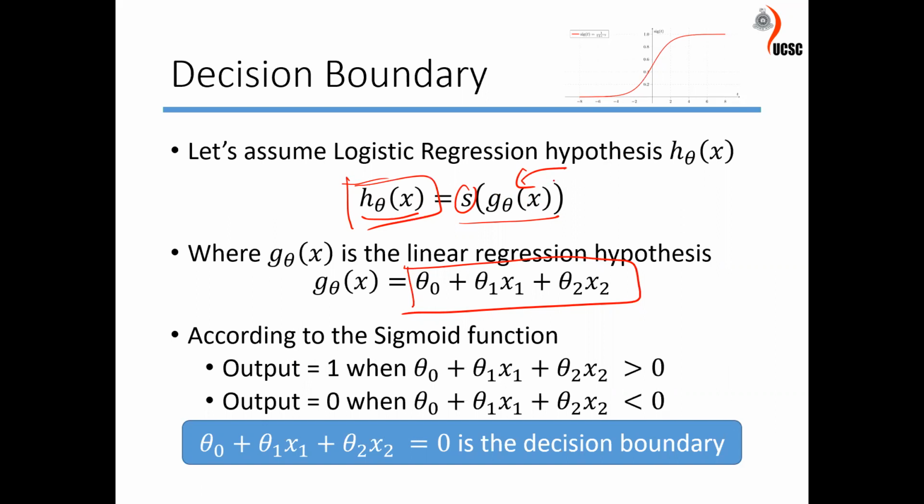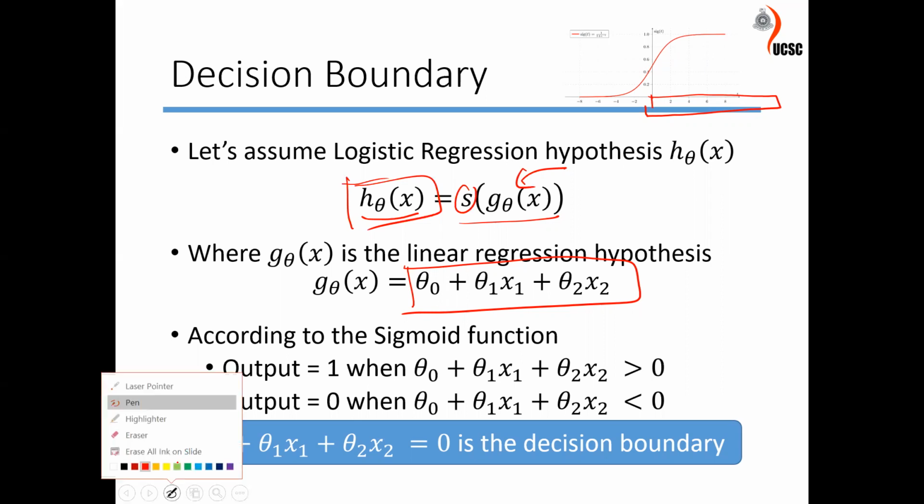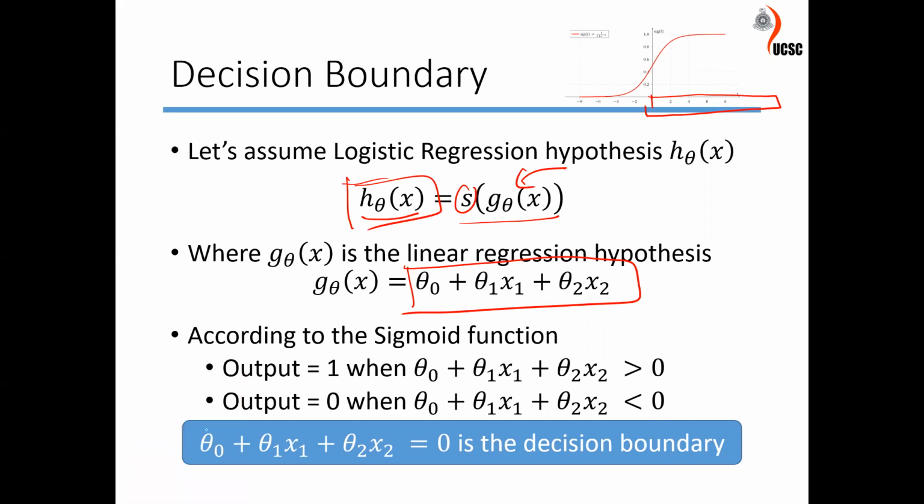If we consider this sigmoid function, anything that's positive falls under here. If something is negative, that means less than 0, that's in this area.